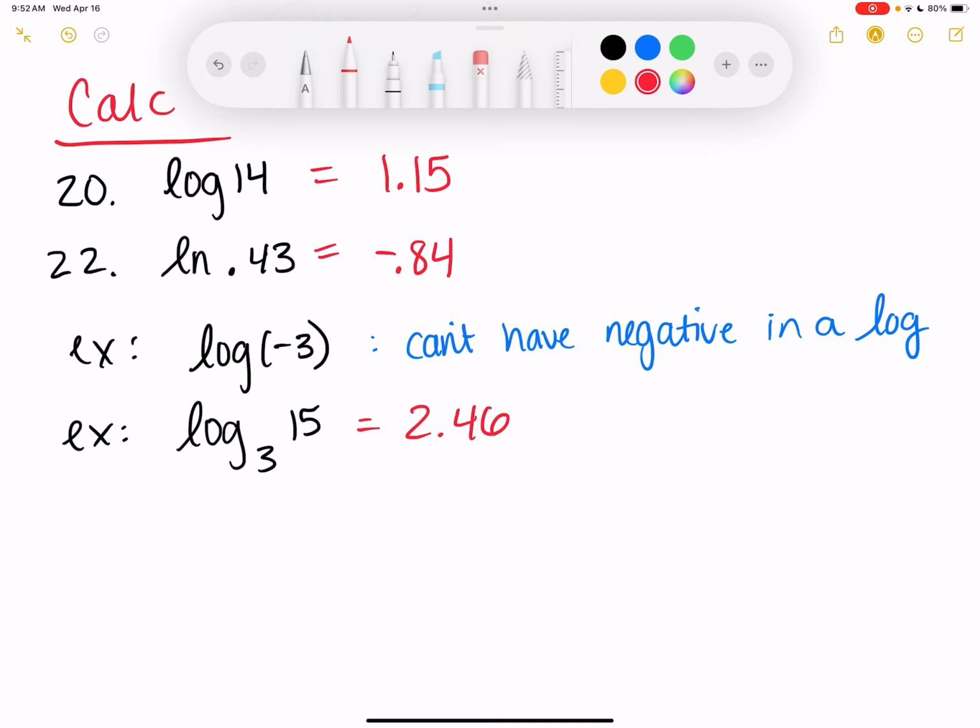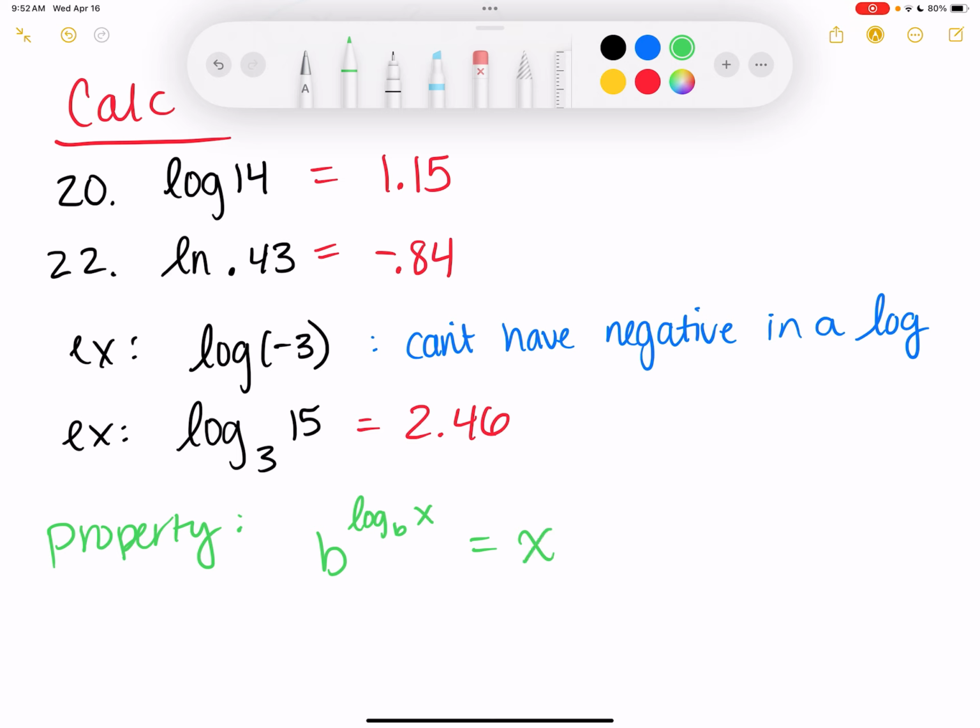All right, one other property that you don't have yet that apparently is in this section. If I have b raised to the log base b of x, this is equal to x.